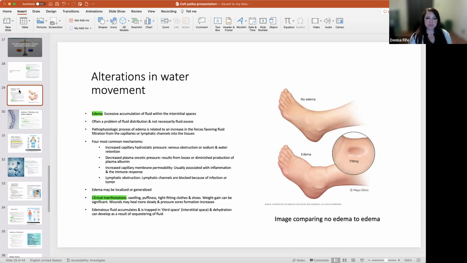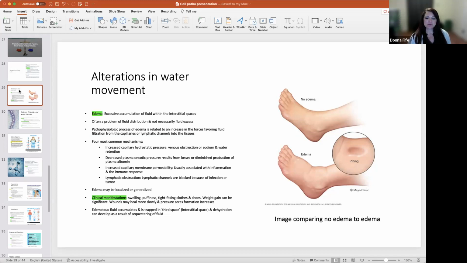The four most common mechanisms are: increased capillary hydrostatic pressure, or venous obstruction or sodium and water retention; decreased plasma oncotic pressure, which results from losses or diminished production of plasma albumin; increased capillary membrane permeability, which is usually associated with inflammation and the immune system; and lymphatic obstruction, in which lymphatic channels are blocked, and this can be due to an infection or a tumor.